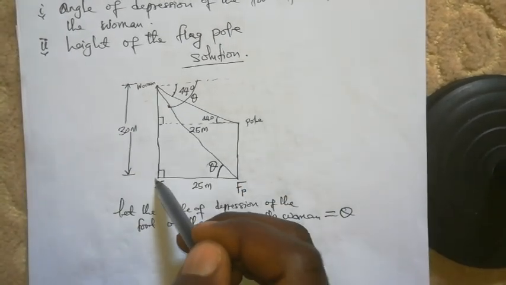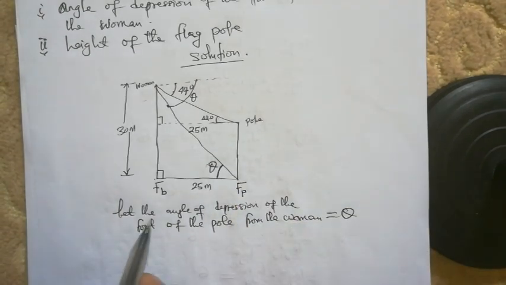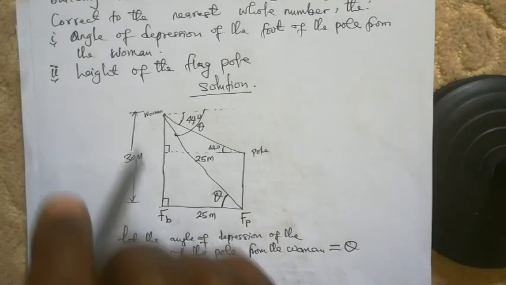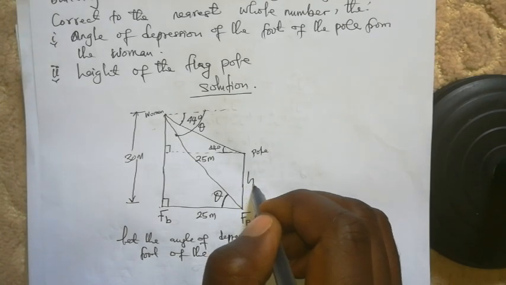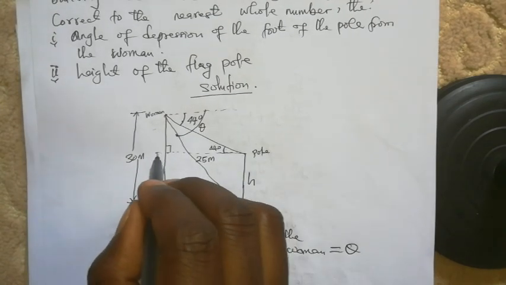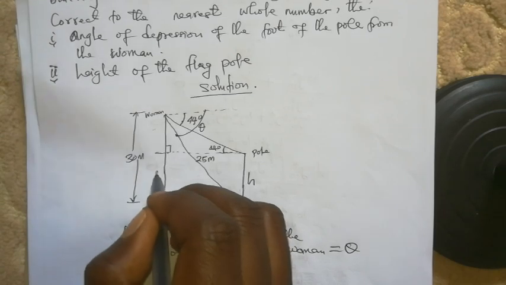From here to here, the height of the pole is not given, and we are asked to find the height of the pole. So assuming we let it be h, from here to here we have h.